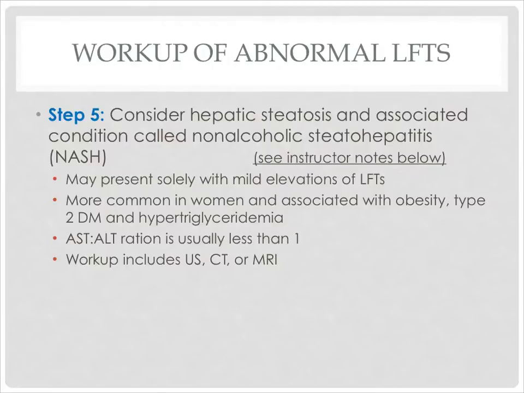The only way you're going to be able to differentiate between the two is with a liver biopsy. All right? Now, if your ultrasound is not helpful at all, then you might need to go on to something a little bit more invasive, such as a CAT scan or an MRI to help figure out if this patient has fatty liver disease or not.